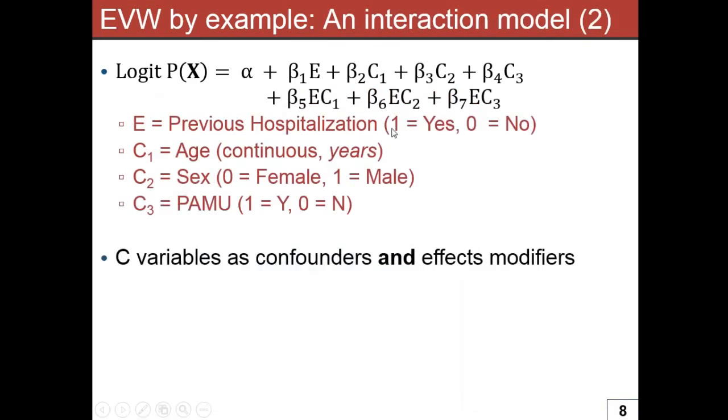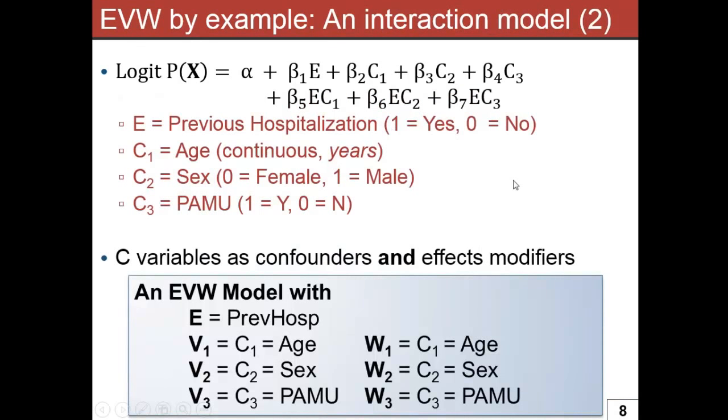Compare that to this other thing we saw, and this is probably where we'll end, I guess. This model we also showed in the last slide set, but with all X's and whatnot. This was a model where each of these C variables, age, sex, and PAMU, was involved in an interaction term with the exposure. Here it was previous hospitalization times age, times sex, and then times PAMU. That was these 3. We can rewrite it as an EC1, EC2, EC3.